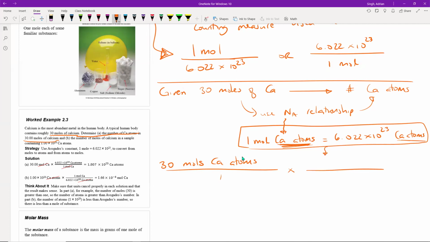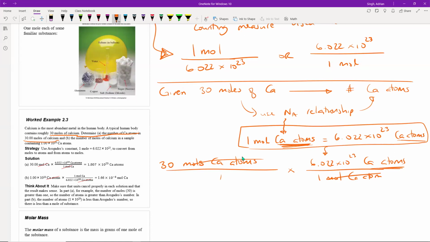If I want to cancel out the moles of calcium, I'm going to put that on the bottom. Okay, so they're diagonal to each other. And then the unit that I want goes on top. So my 6.022 times 10 to the 23 calcium atoms. Moles of calcium go away, and I end up with just a number of calcium atoms.